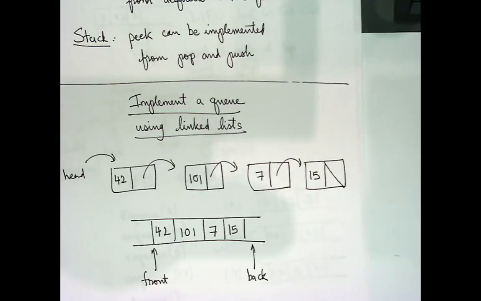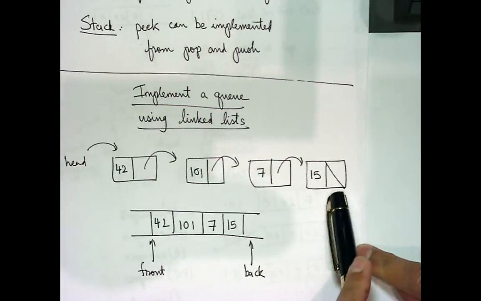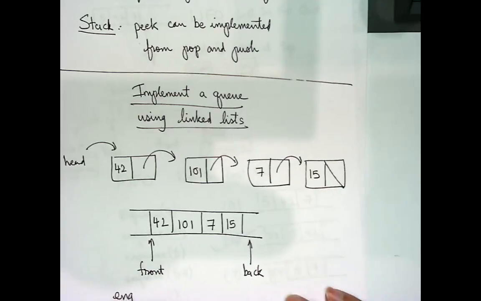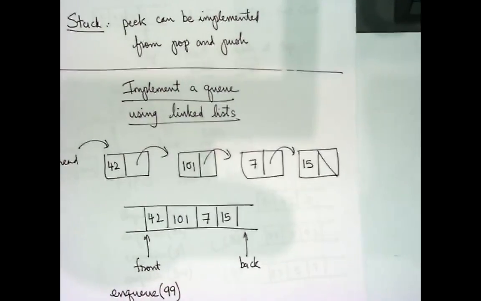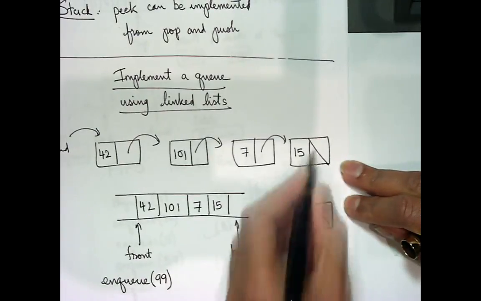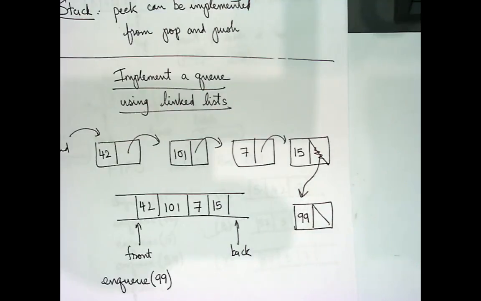A tail, you mean pointer or reference? You want to add your element over here. So if you did something like NQ 99, what you want is the following to happen: this starts pointing here. That's what you want.